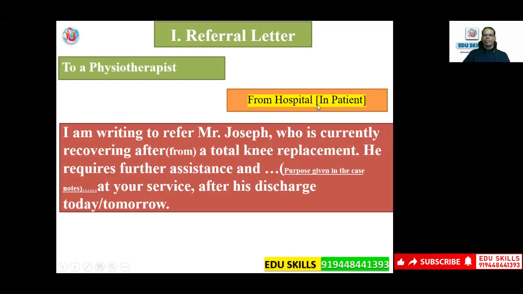And to a physiotherapist from a hospital, where you are dealing with the inpatient: I'm writing to refer Mr. Joseph, who is currently recovering after a total knee replacement. He requires further assistance and the purpose given in the case notes at your service after his discharge today, tomorrow. So don't write "at your hospital" or something of that sort. A better expression is "at your service."